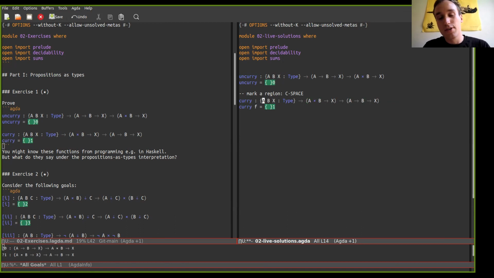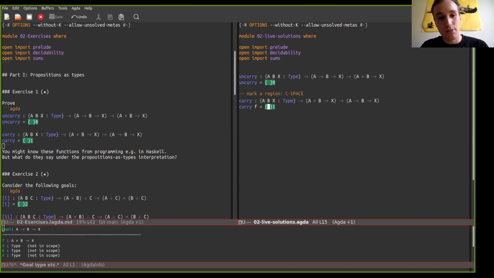Call it f. And then we have to press Control C, Control L to load. And then we can check what we have to provide here.